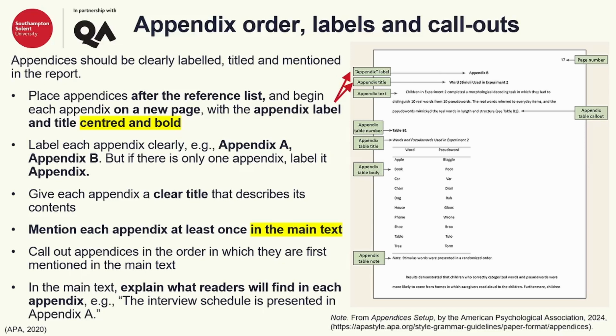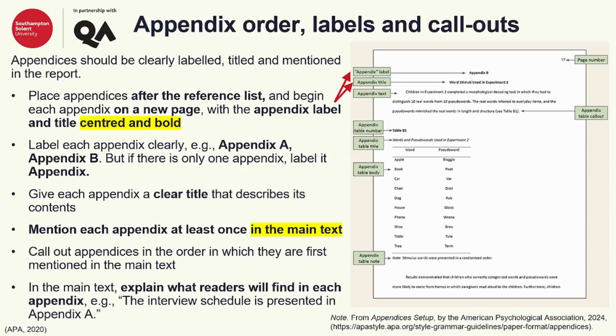Each appendix should also have a clear title. The title should tell the reader exactly what the appendix contains. For example, Appendix A, Interview Schedule; Appendix B, Candidate Themes Table; Appendix C, Thematic Map. The appendix should be ordered according to when they are first mentioned in the main body.